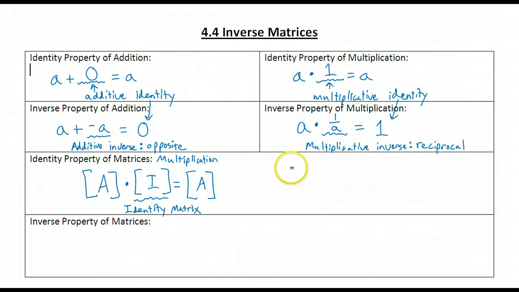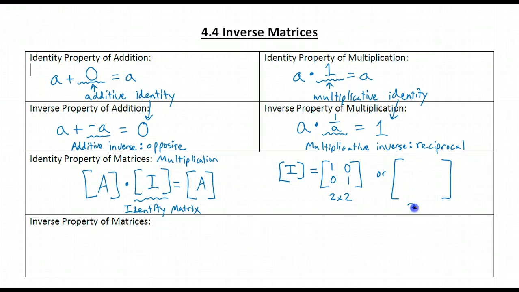So what does the identity matrix look like? Well, the identity matrix is going to be a square matrix. If it's a 2 by 2 matrix, I'm going to have 1s across this diagonal and 0s across this diagonal. If I have a 3 by 3 matrix, I'm going to have 1s across the major diagonal and 0s every place else.